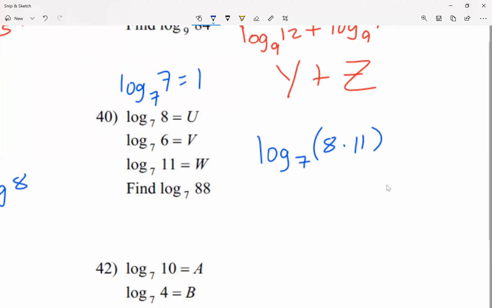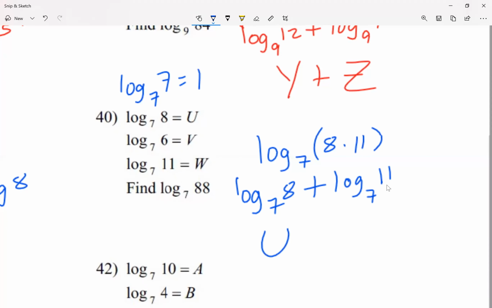Now I can expand this as log base 7 of 8 plus log base 7 of 11. Now log base 7 of 8, let me call that u. Log base 7 of 11, let me call that w. So I have u plus w.